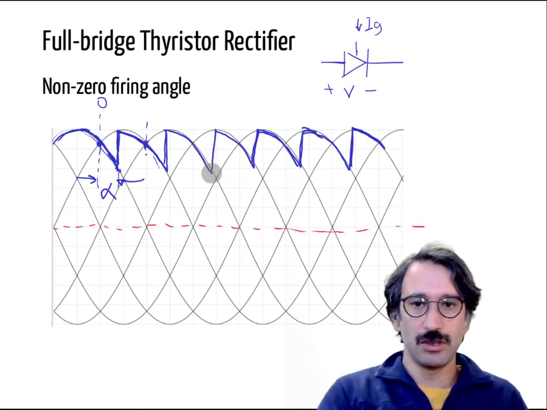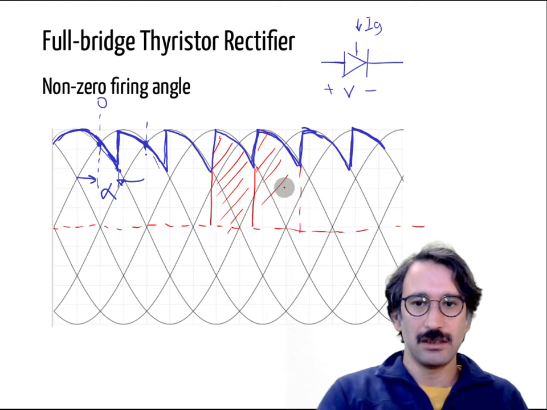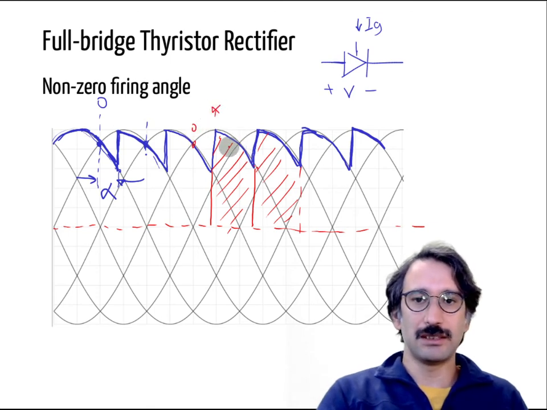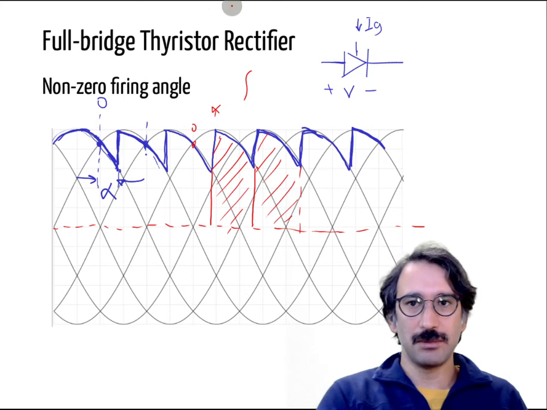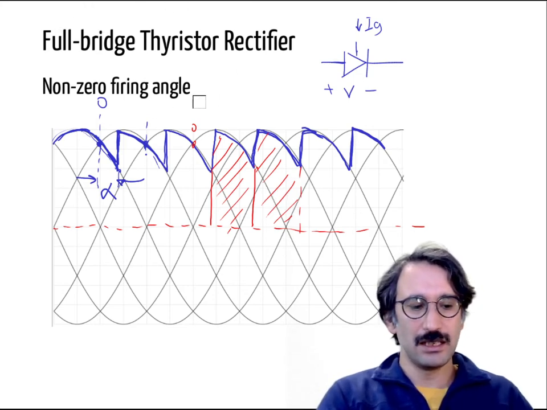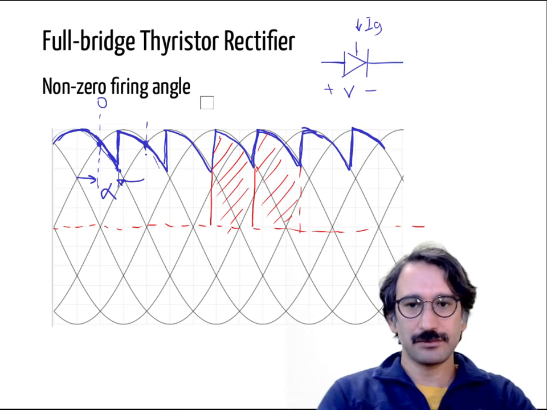You can see that is the symmetrical block, and if this is 0, this is alpha, you can take the integral from alpha to somewhere and calculate it. Technically it is possible, but if you do it yourself, you will see it's not that easy. So the easiest method, let me clean those things a little bit.